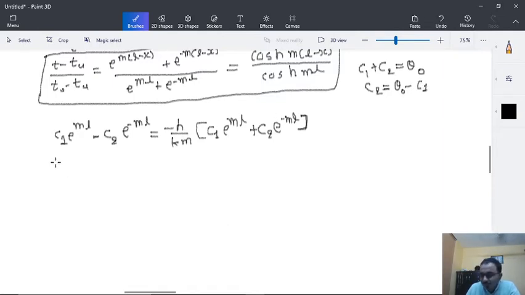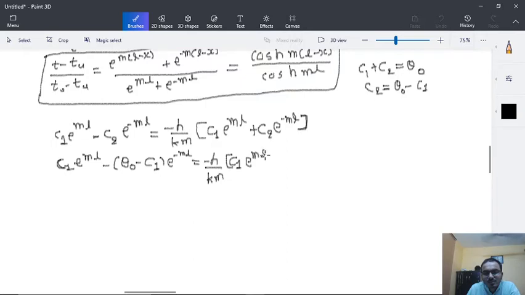So here, C1 e raised to mL minus theta 0 minus C1 e raised to minus mL is equal to minus h by km, C1 e raised to mL plus theta 0 minus C1 e raised to minus mL.